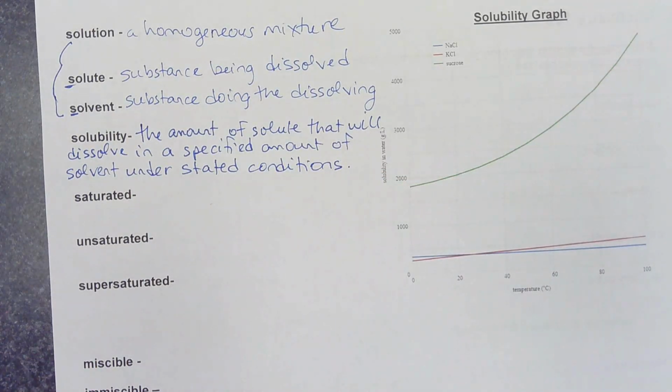The amount of solute that will dissolve in a specified amount of solvent under stated conditions.